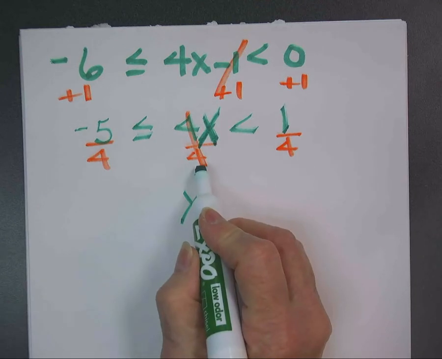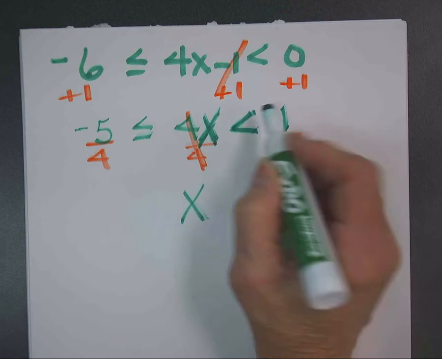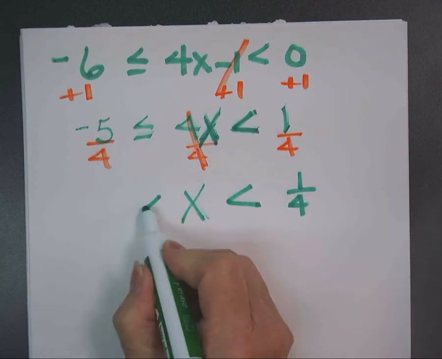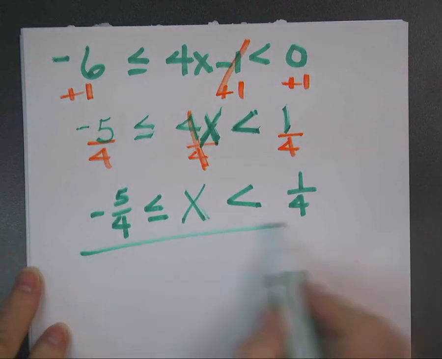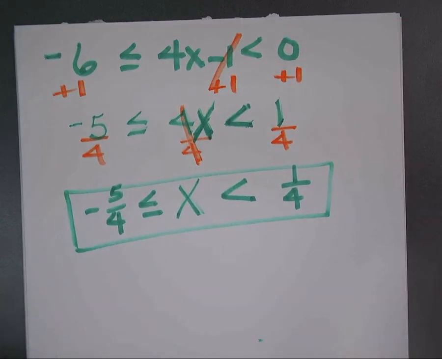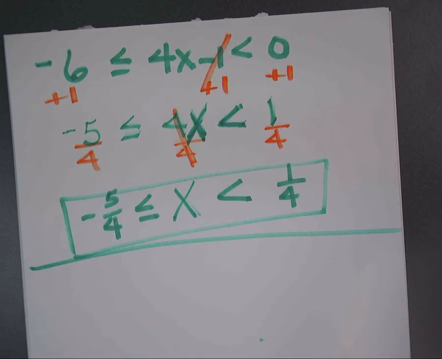And we didn't divide by a negative, so this stays the same way, right? You don't need to flip it or anything. So that is your compound inequality solved. Any steps there you need to ask questions about?